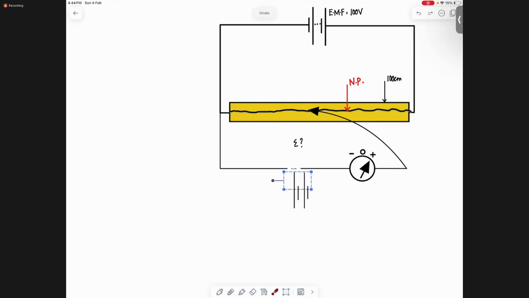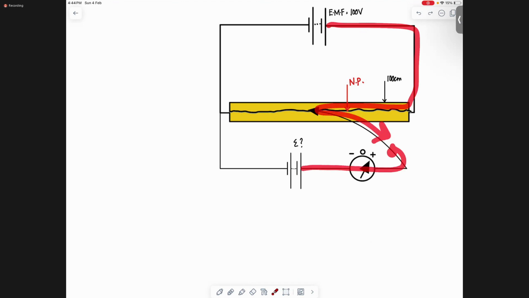If I did it like the original battery, the current would come this way and the other would go the opposite way, and then they can create a null point. So it is very important, whenever you're doing MCQs, to watch out for the orientation of these batteries. They just put the batteries the other way around, which means there will be no null point. So you have to be aware of that.